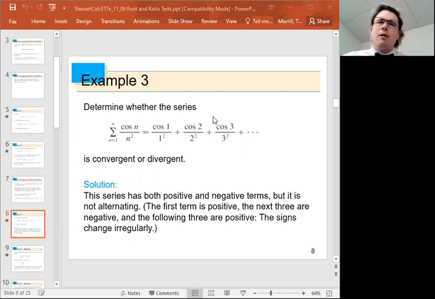So I don't actually know in general when cosine of n is going to be positive, when cosine of n is going to be negative. So this slide here is saying that we've got positive, negative, negative, negative, then 3 positive, but then after that it just doesn't repeat in a useful pattern.